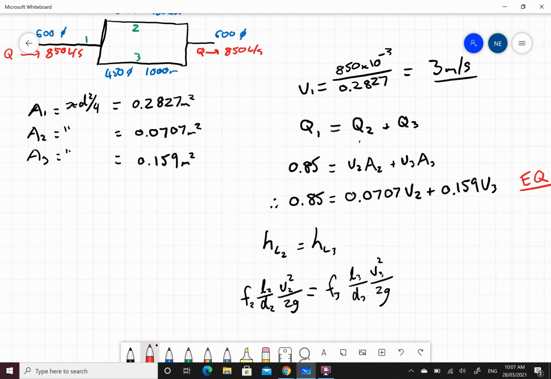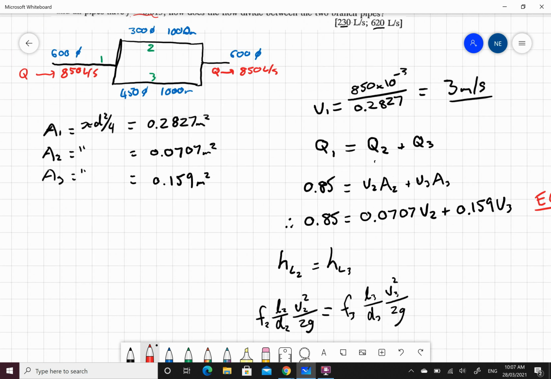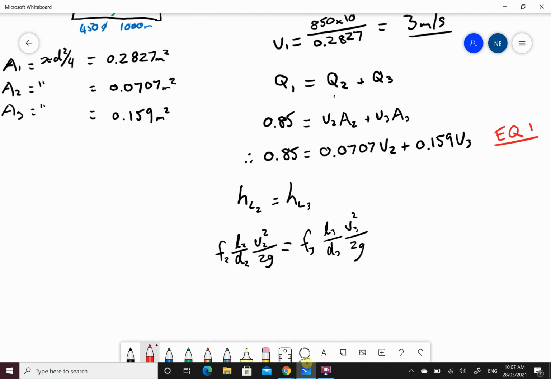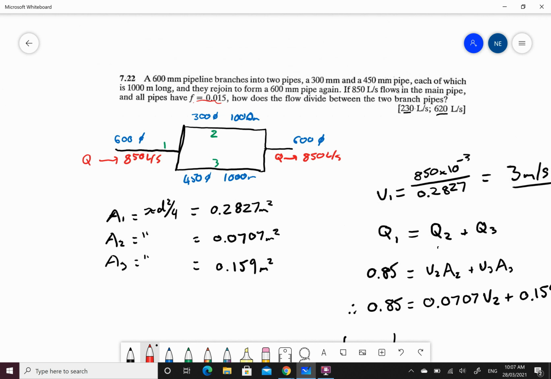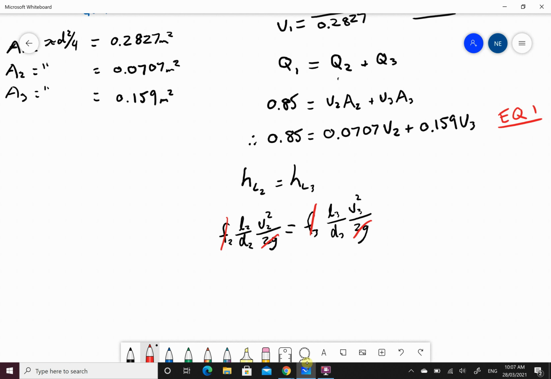Now, from the question, my friction factors are all the same. These two cancel out. The 2G's will cancel out. My length is the same, they're both a kilometre, so L2 and L3 cancel out.